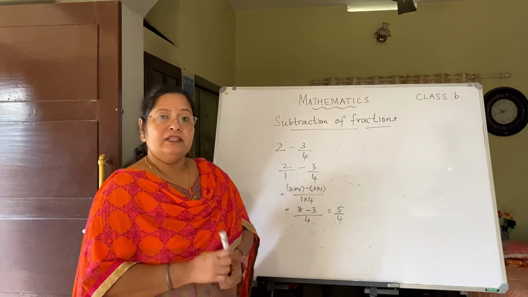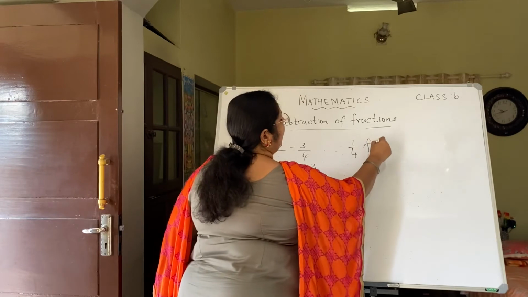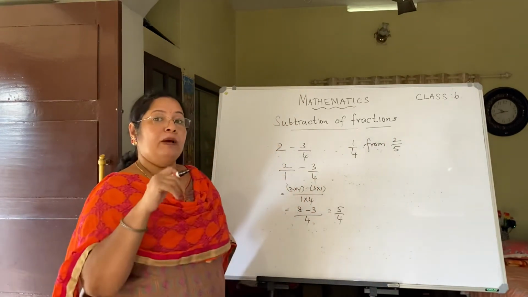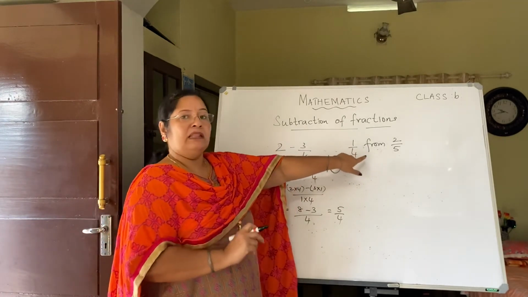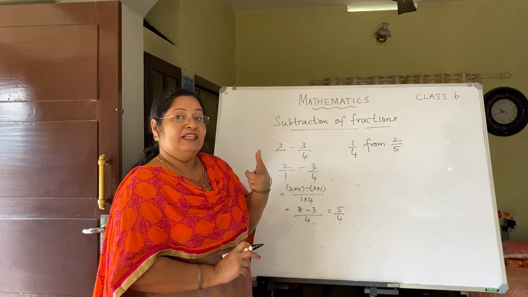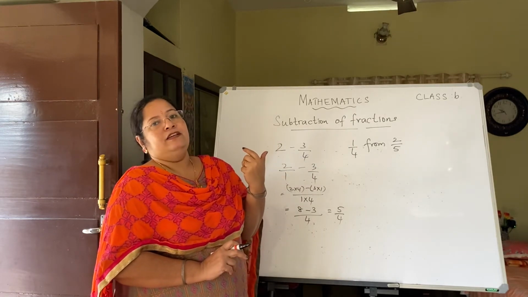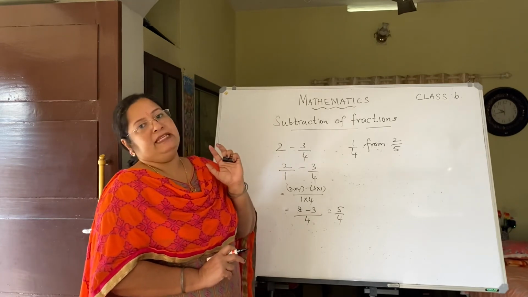You may be asked to subtract, say, 1 by 4 from 2 by 5. So there, this is not given in the mathematical form. It is given as a statement. Subtract 1 by 4 from 2 by 5. So the first step you have to do is write it in the mathematical form.